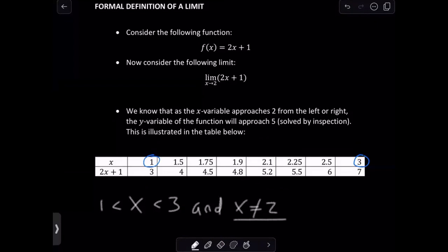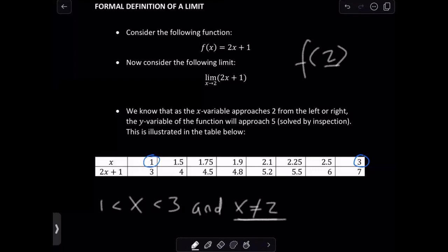Why am I saying this? Because again, we are concerned with limits. I do not care about what is actually happening when x is equal to 2. I'm not concerned about f(2), substituting 2 into this function. That is why I'm saying x is not equal to 2.